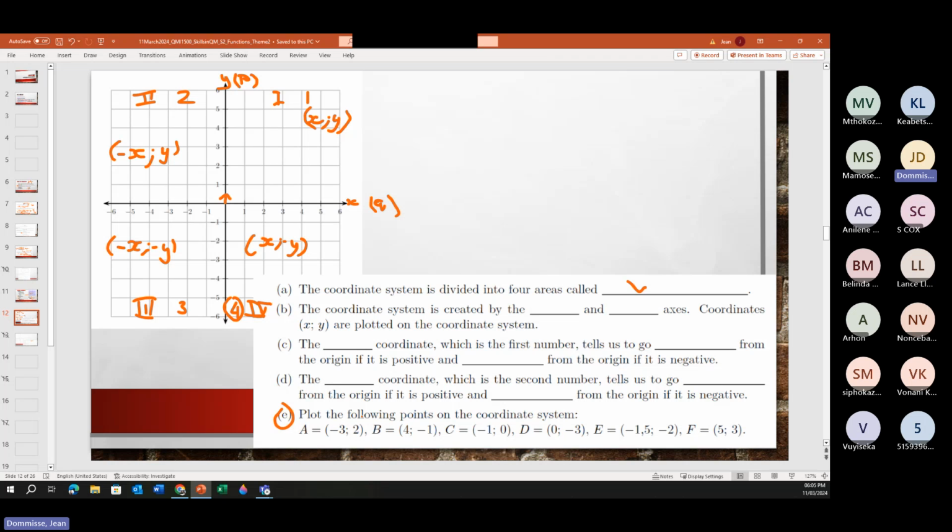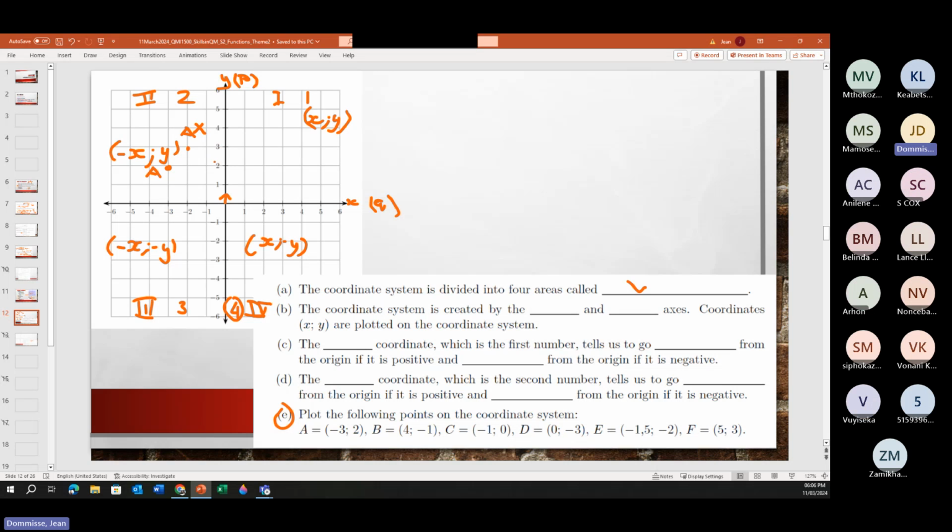So they could have said point A, minus 3 and 2, but actually minus 3 and 2 is sitting there. They might just give you a couple of these points and the reference might be wrong.